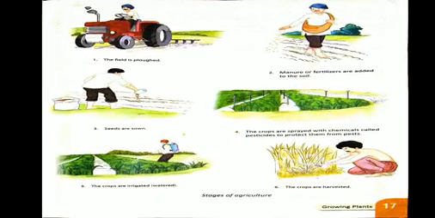Now, here pictures are given, they are showing stages of agriculture. See, the very first picture is showing how to prepare the field, that is to plow the field.